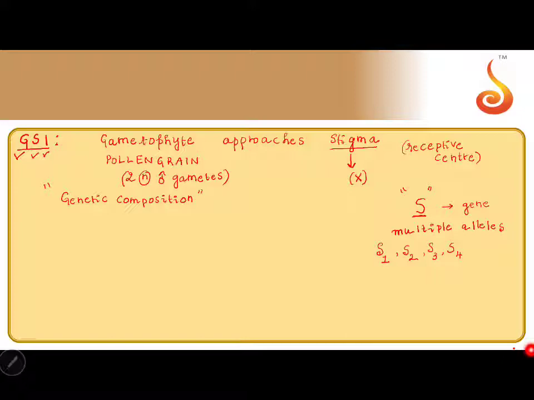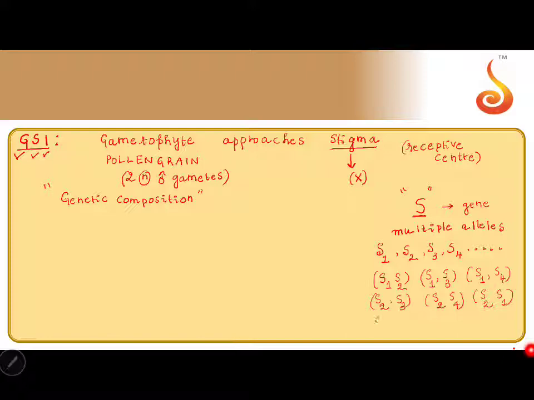If these are the multiple alleles taken for example, then the possible allele combinations in a diploid plant can be S1, S2, this is one possibility, S1, S3, this is one possibility, S1, S4, this is one possibility, and S2, S3, this is one possibility, S2, S4, this is one possibility, S2, S1, this is one possibility.